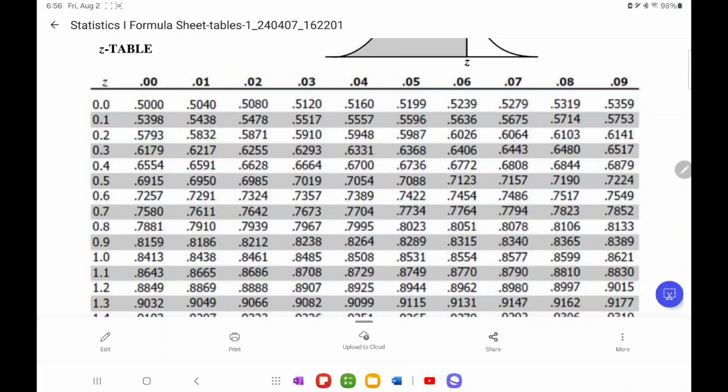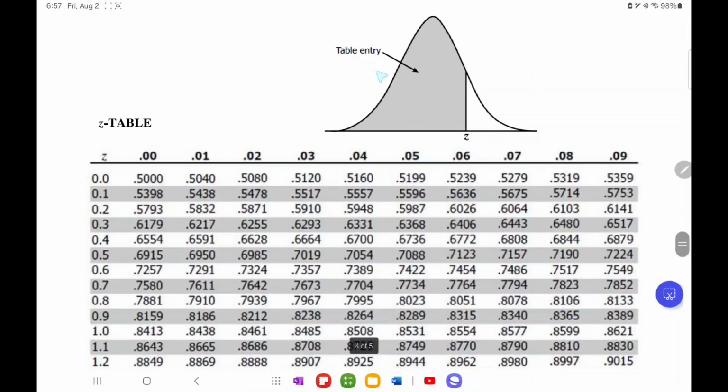Okay, I pulled up this table that you must refer to anyway, and I might as well just show you how I came up with the value 1.04 for the z value whose area to the left is 0.85. Again, this diagram up here on the table should tell you that this table only provides area to the left.